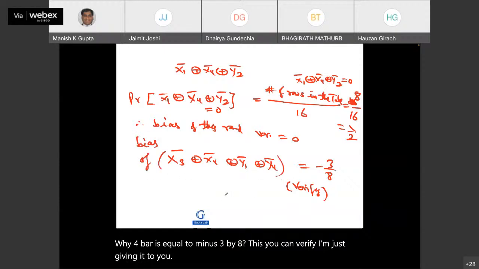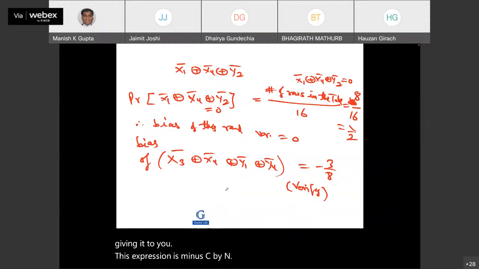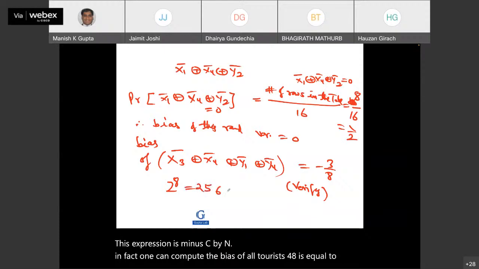This expression is minus 3 by 8. In fact, one can compute the bias of all 2 raised to the power 8, which is equal to 256, possible random variables.